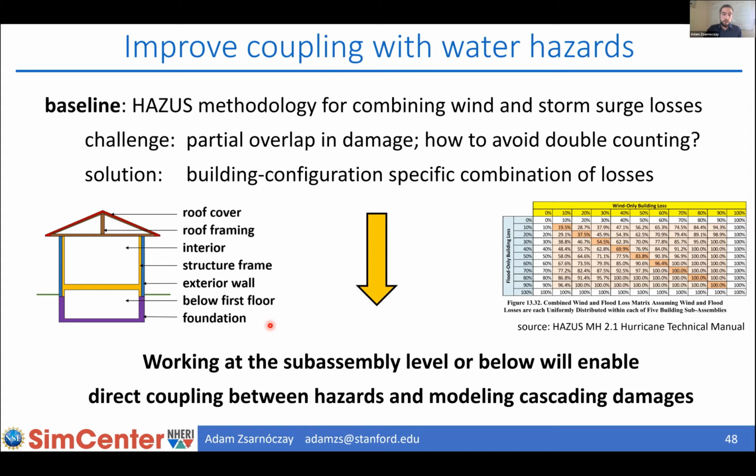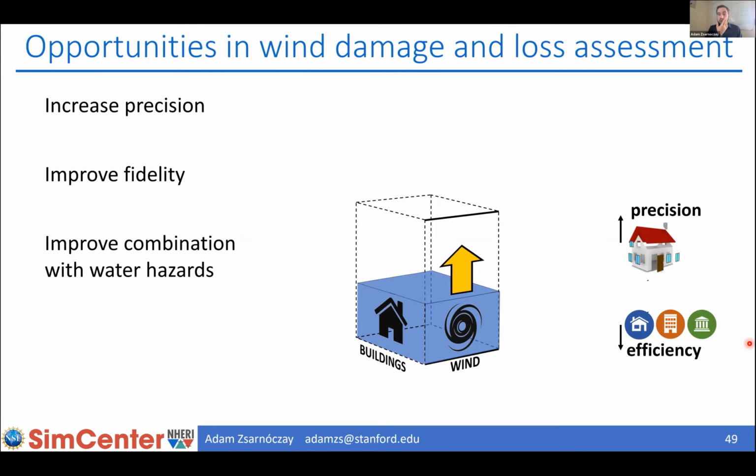So I believe we can go beyond this once we take a step to subassembly level analysis. So I hope this shows you how close we are to improving what is available in HAZUS.